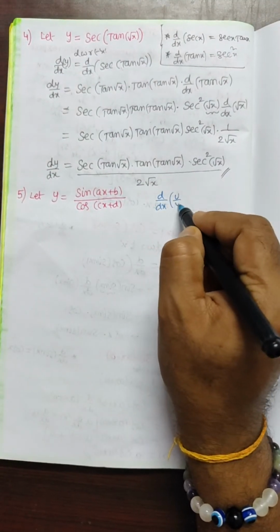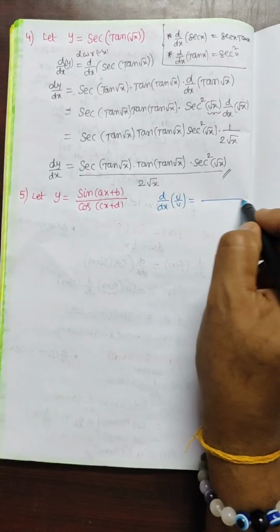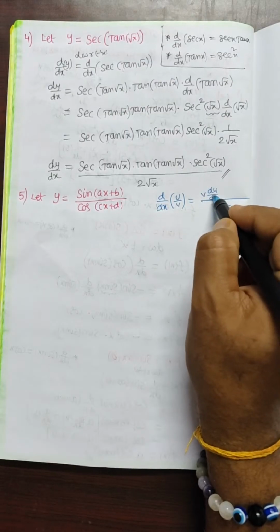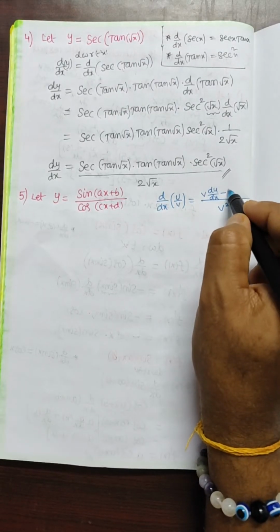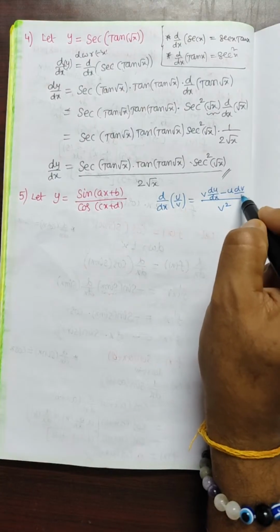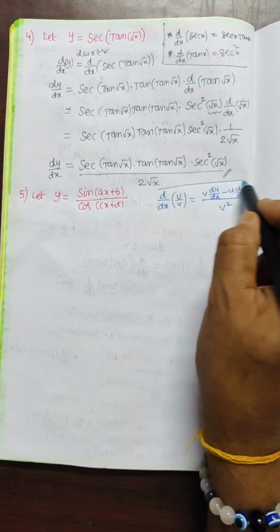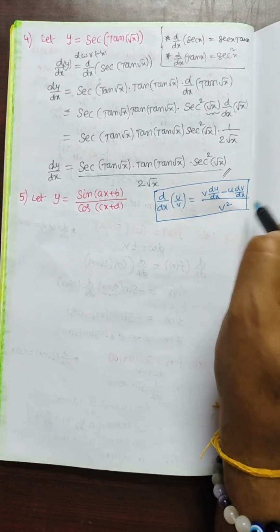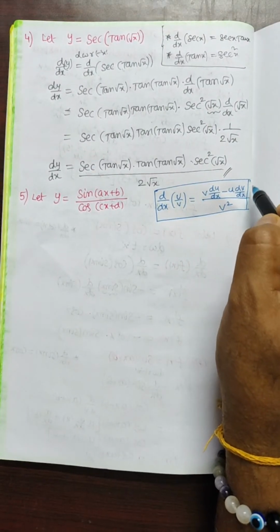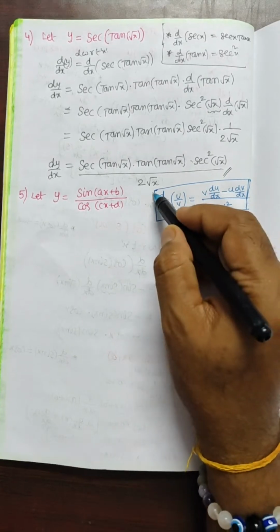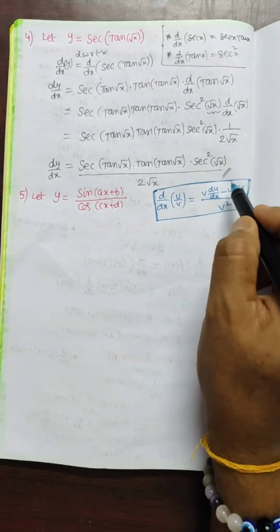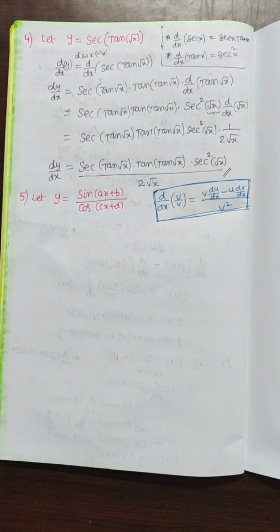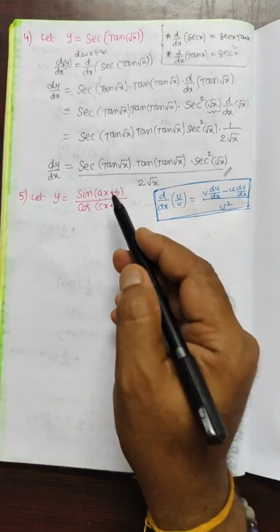D by dx of u by v equal to, so v square v into du by dx minus u into dv by dx. This formula is known as quotient rule of differentiation. Okay, dear students, I hope you understand this formula. We are going to apply. So this is u, this is v.